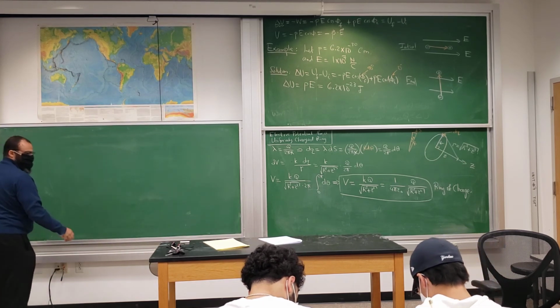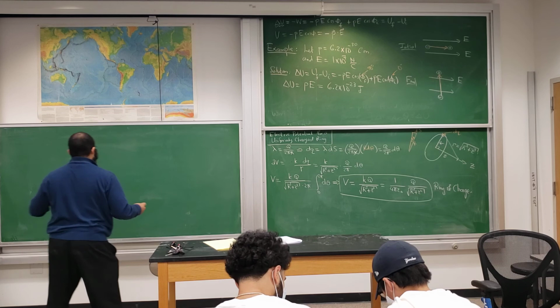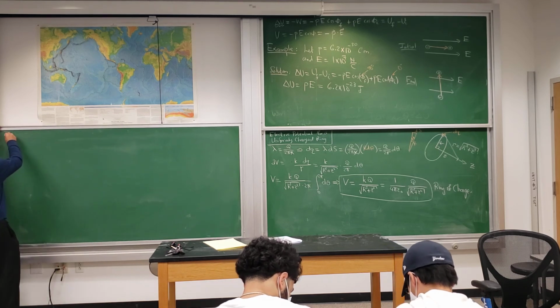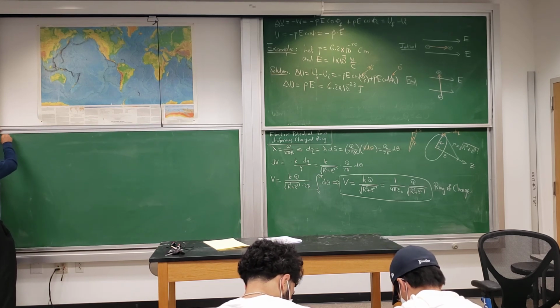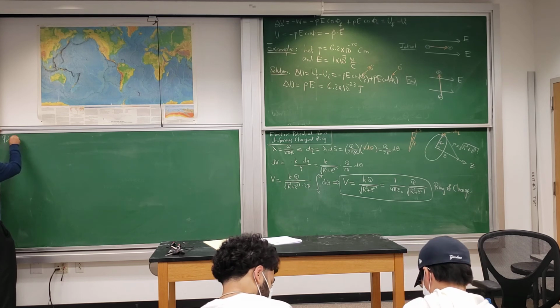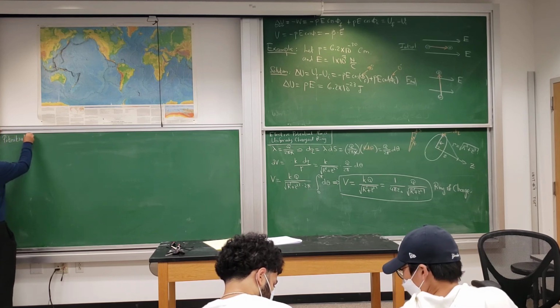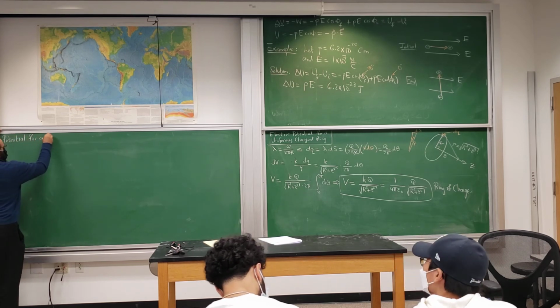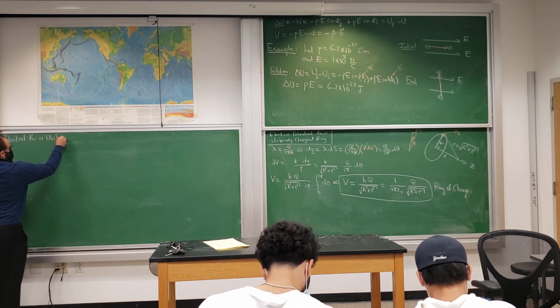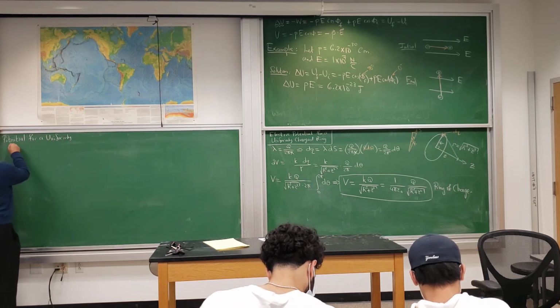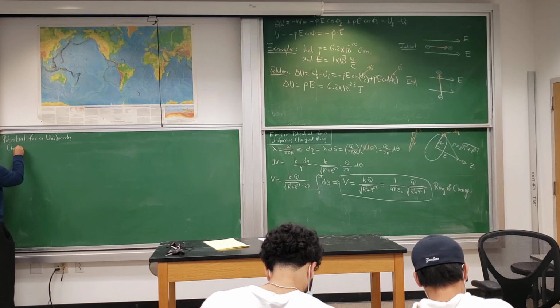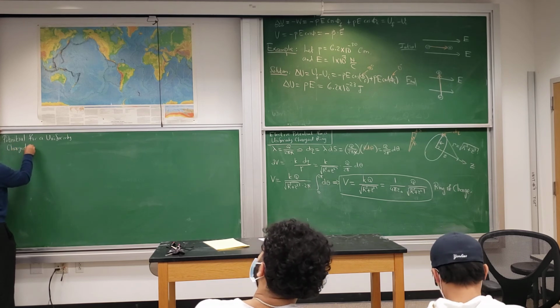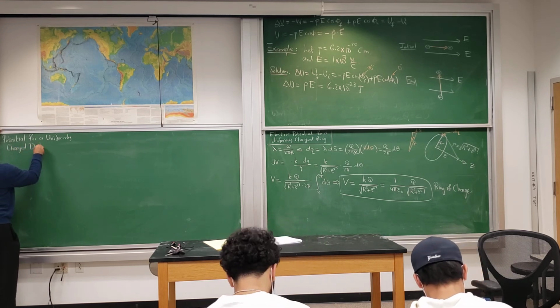Now a disk of charge, a uniformly charged disk. Potential for a uniformly charged disk. Okay.